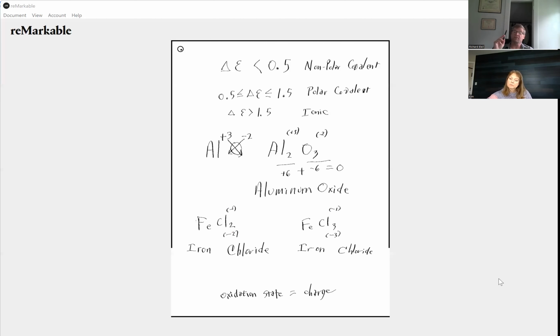So the charge of the cation must cancel the charge of the anion. So what's on the left compound? What is the charge of the iron? Has to be what? +2. Very good.